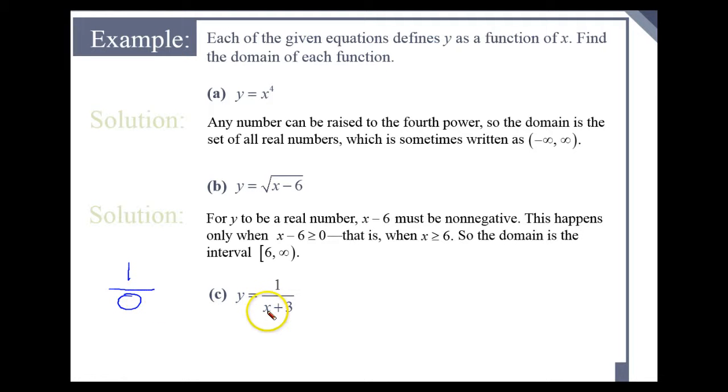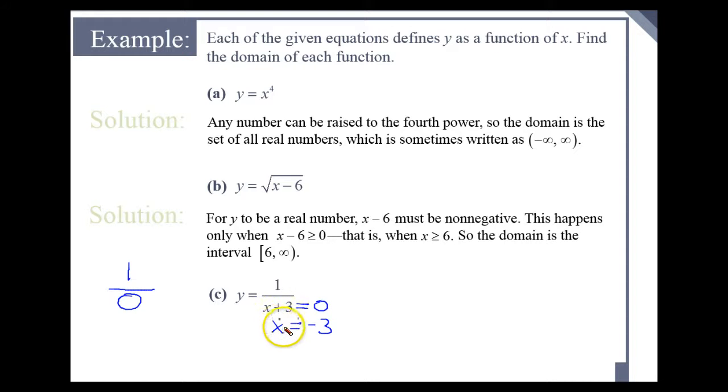So whatever value would make that denominator a 0 has to be excluded. So in solving for this, we just equate this denominator to 0, and we get x equals -3. Well, if x is -3, that would make this denominator a 0.